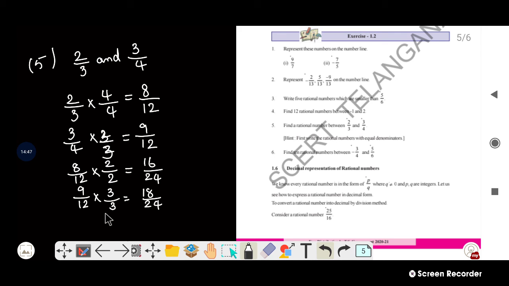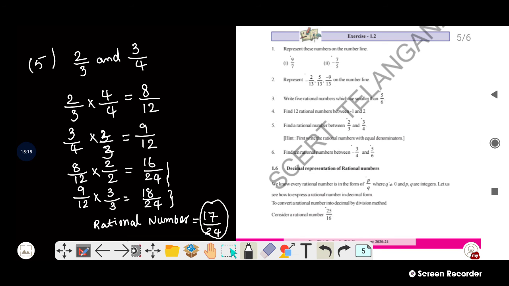So what is that number? That rational number is 17 by 24. Yes or no? Because 16 by 24 is this, and 18 by 24 is this. Between these two, what is the number? This is 17 by 24, the answer for that.